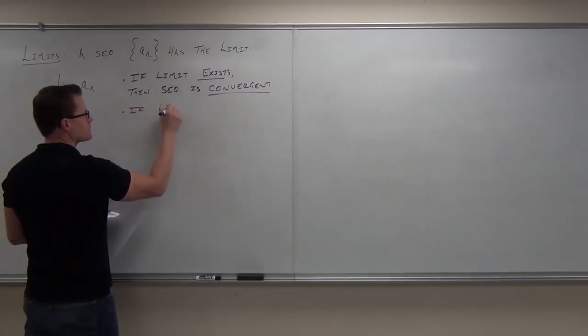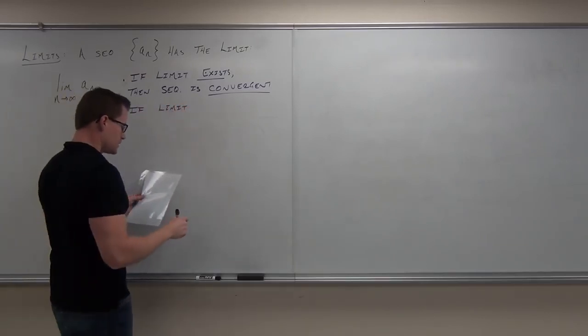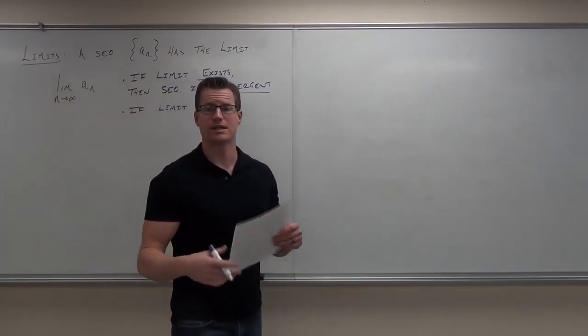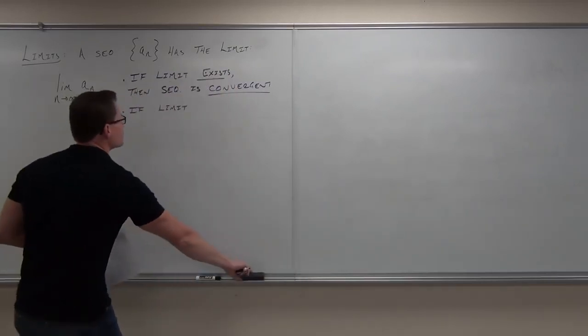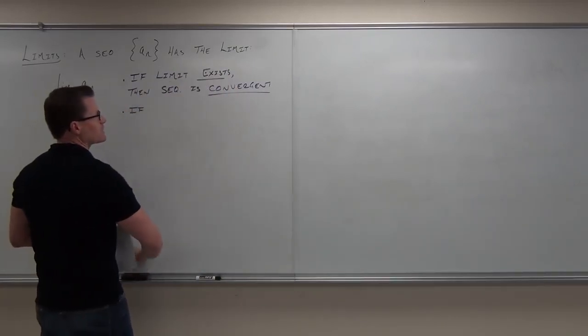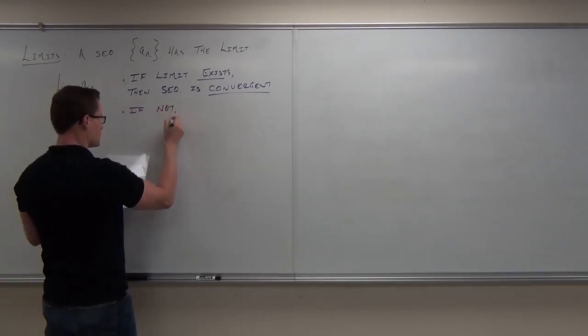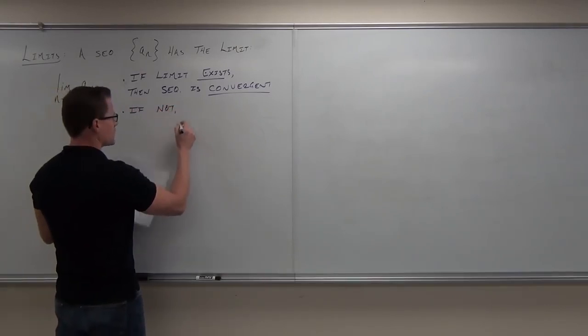If the limit does not exist, or is infinity, so if not, I'll say it this way: if the limit does not exist to some number, if it's infinity or negative infinity, then the sequence is divergent.